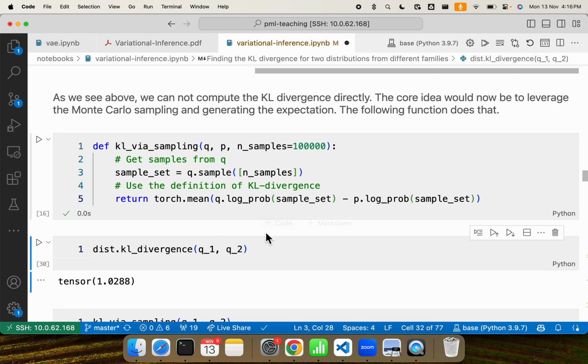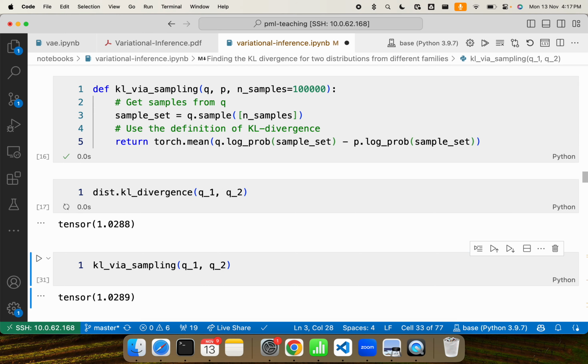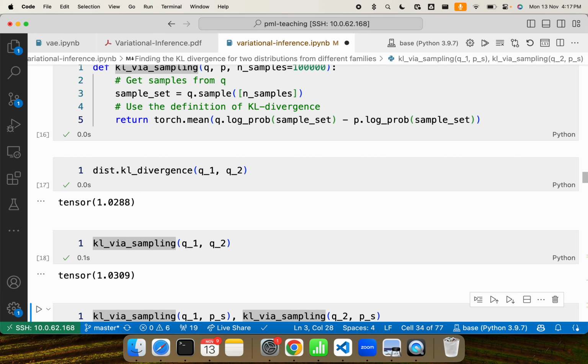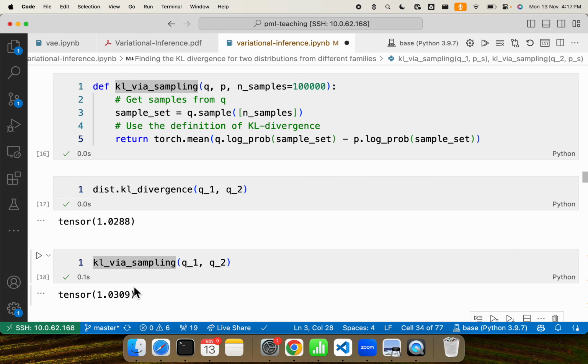So firstly, whenever we write such code, we should use it on distributions for which we know the closed form solution. So here q1 and q2 are both univariate normal distributions, and we get the KL divergence between them as 1.0288, which is the true analytical value. And if we were to instead use Monte Carlo sampling, we get 1.0309.